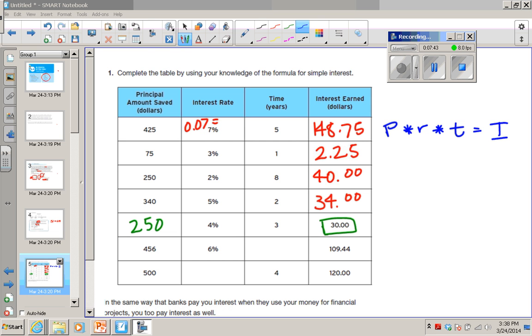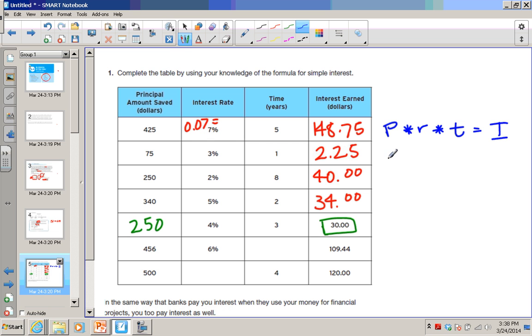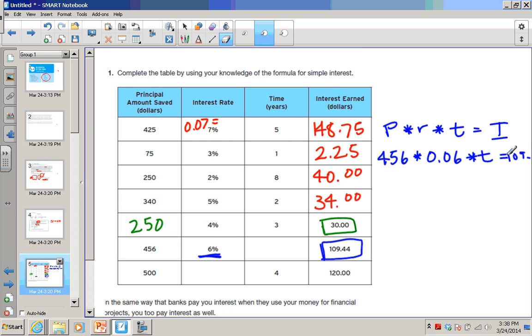The next one is the same kind of thing. This time we have principal, which is 456. We have an interest rate of 6%, which is 0.06 as a decimal. We just don't have the time frame, but we have the interest earned in dollars, which is 109.44.